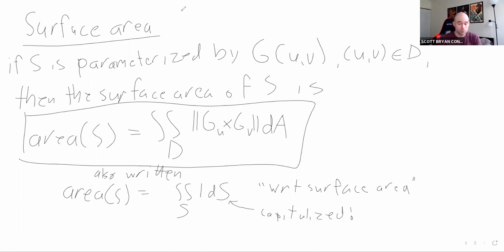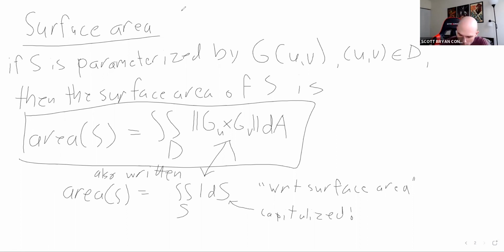Okay, so similar to line integrals, if we look at these two things, this tells us how we're going to integrate general functions over surfaces rather than just the function 1.